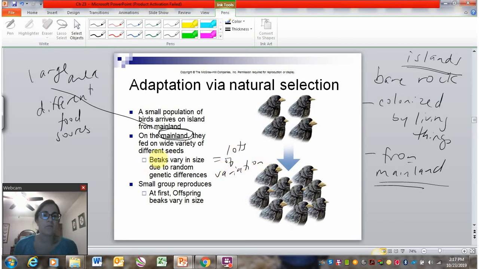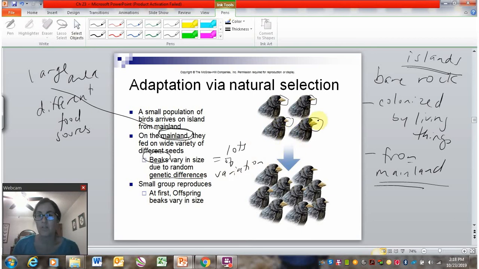And in this case, we're focusing on beak size. So the beaks on this mainland population, there's big beaks, there's little beaks, there's skinny beaks and broad beaks.